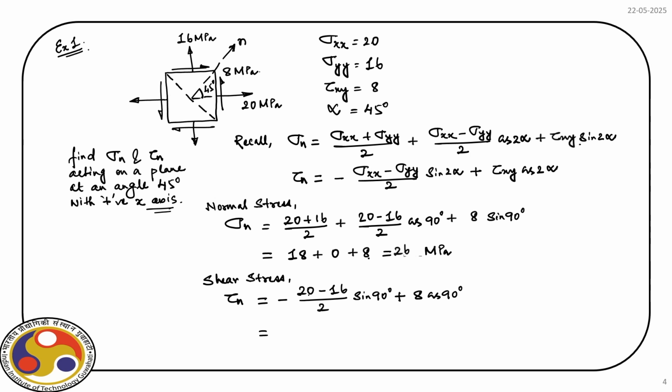Obviously, the first term 20 minus 16 by 2, so this is minus 2 sin 90, which is 1, and cos 90 is 0. So, our tau n is minus 2 MPa. So, we have found out the normal stress and the shear stress acting on a plane where alpha is equal to 45 degree.